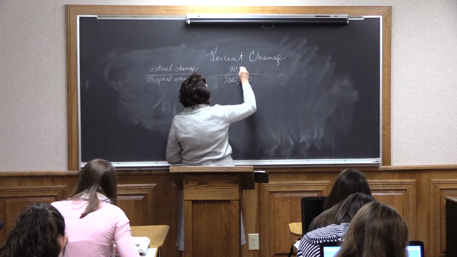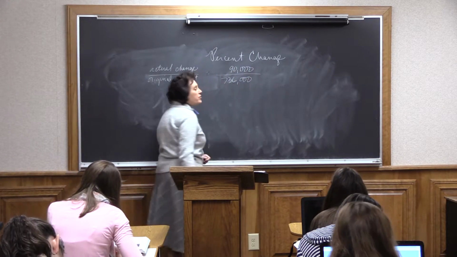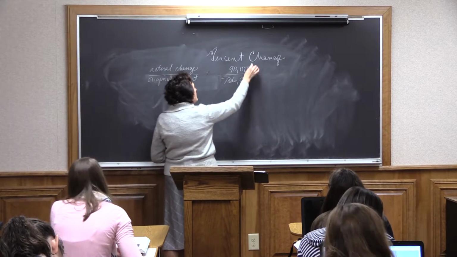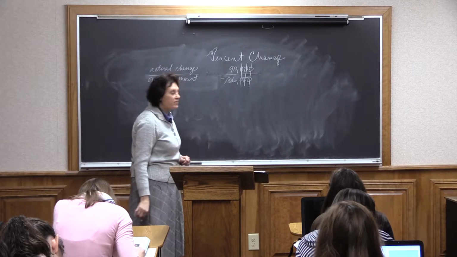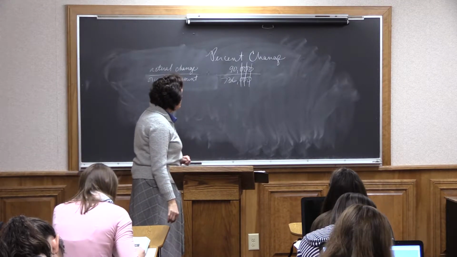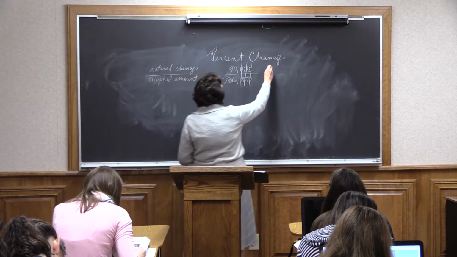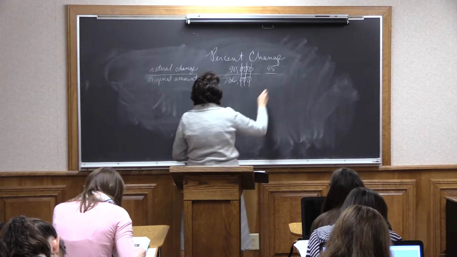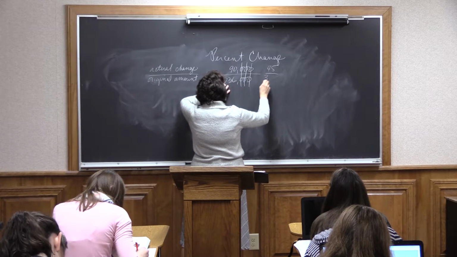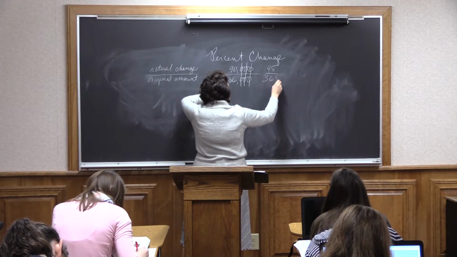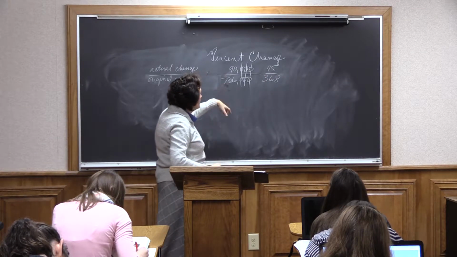So we have to find the actual over the original, and obviously we can always reduce anything that's in fraction form. Reduce it down to 45 over 368. 2 goes into 736, 368. Does that reduce any more?